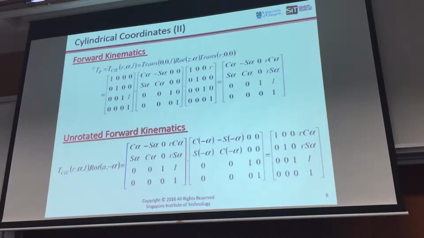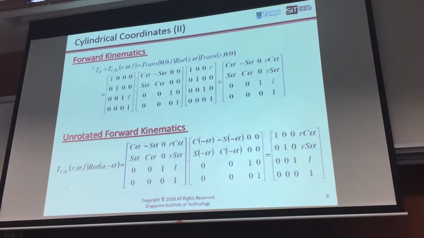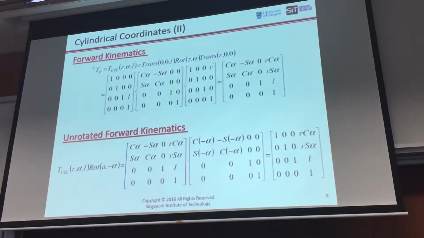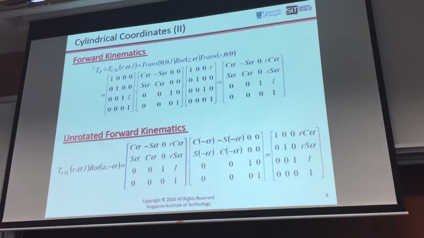If I happen to forget whether post or pre, I see I'm doing things with respect to the moving frame A. That should be another indicator to you that I should post multiply some transformation there. I'm just sharing some observational tips.